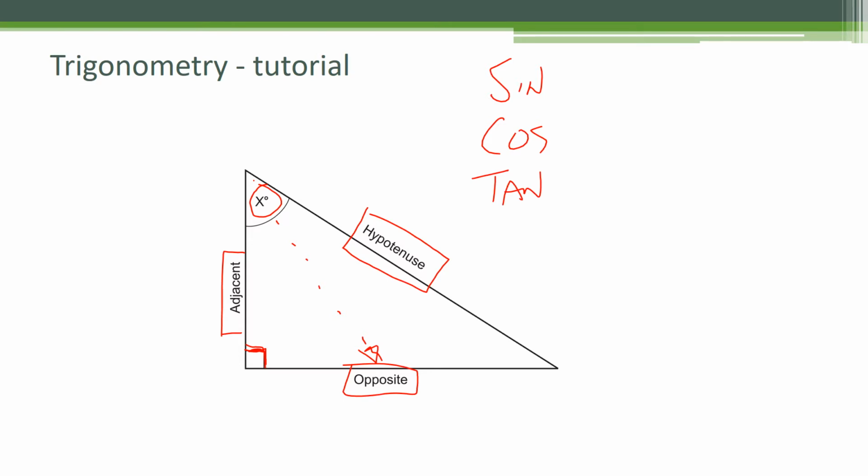There's a nice little acronym that we can use to remember all of our formulas, and that's called sohcahtoa. If I write it here, sohcahtoa. Those are our three functions.